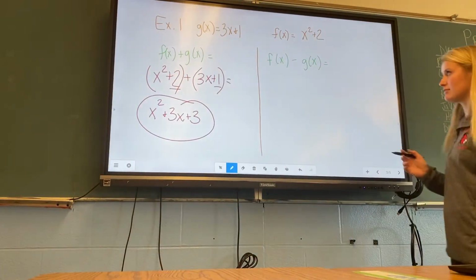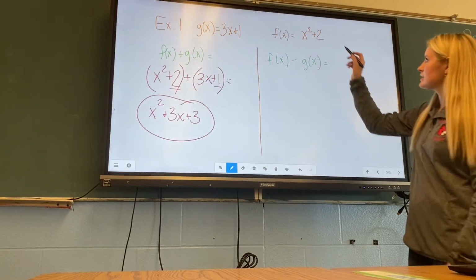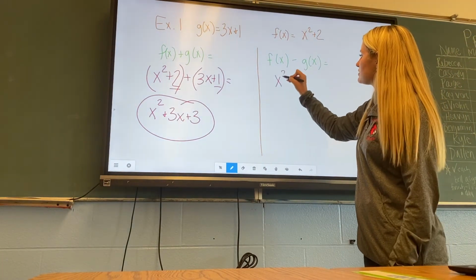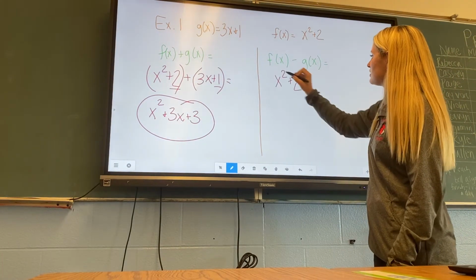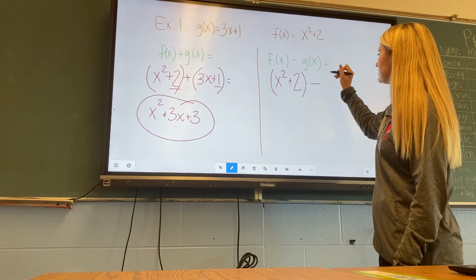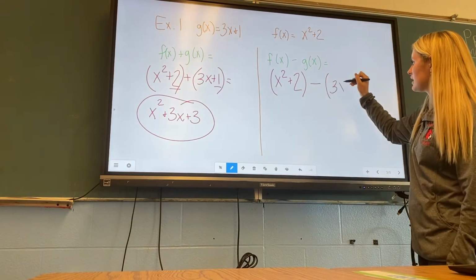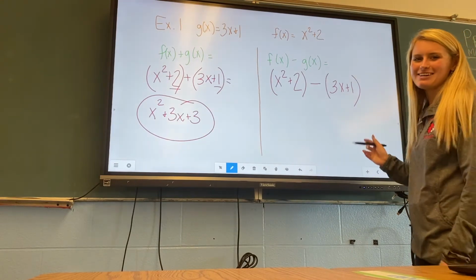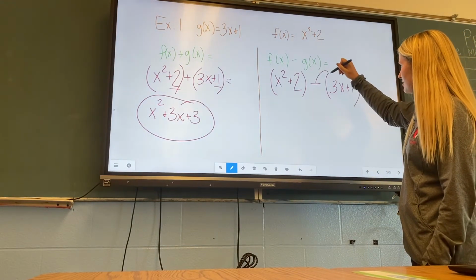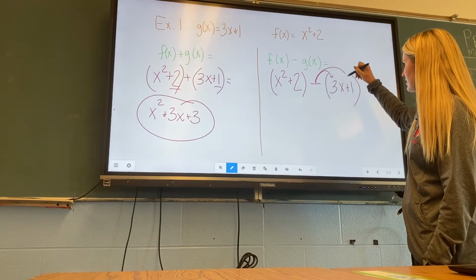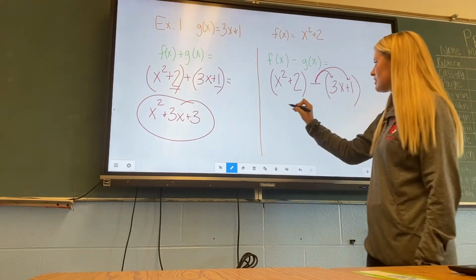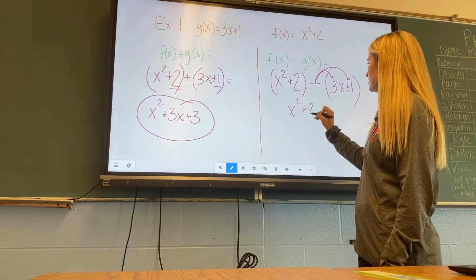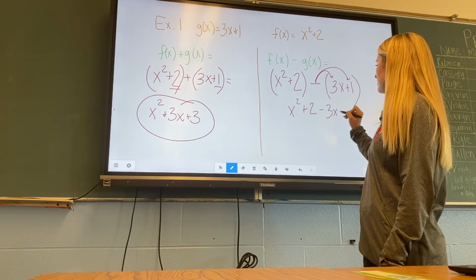Okay, let's try f of x minus g of x. We have x squared plus 2 minus 3x plus 1. If you forget, what do we have to do first? We have to distribute the negative to the 3x and to the 1, so we'll have x squared plus 2 minus 3x minus 1.